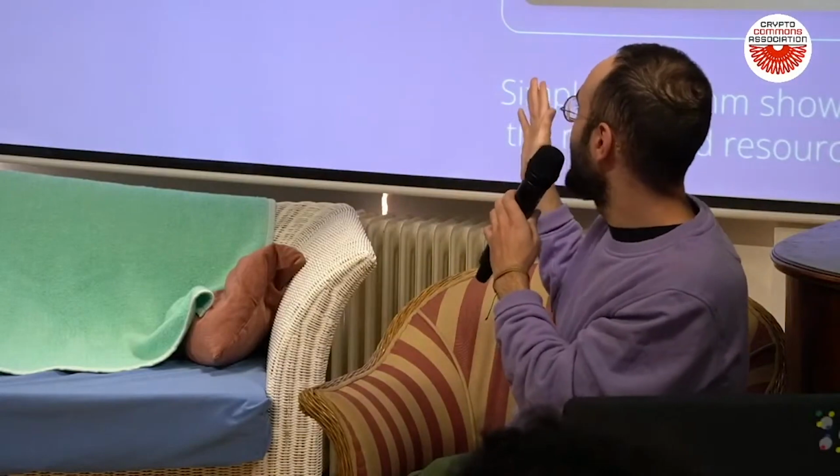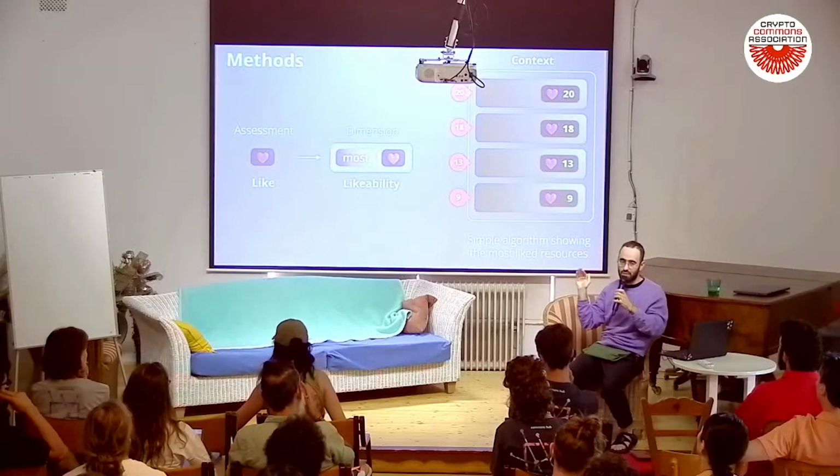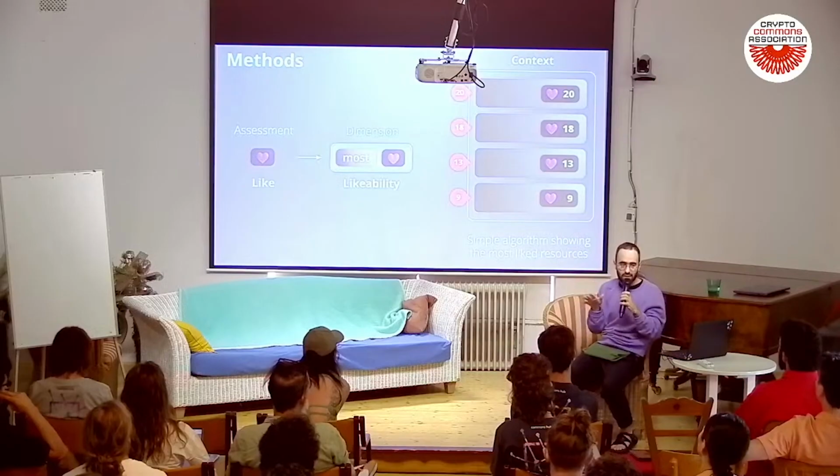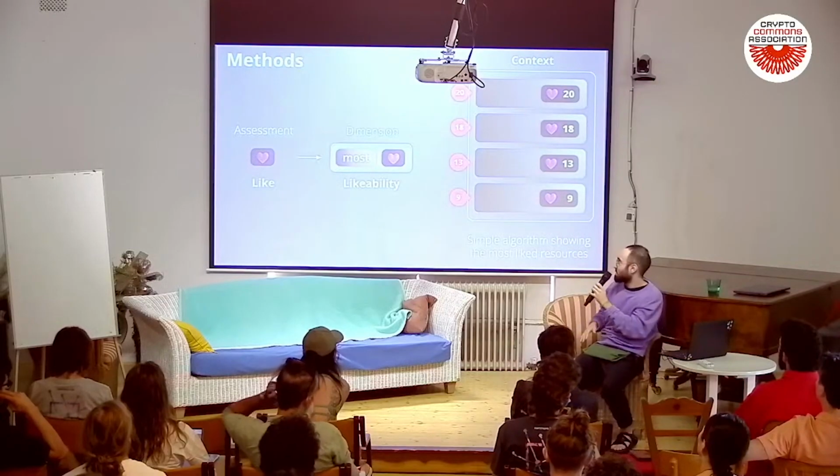A very easy method would be where we just want to see the most likes at the top. So in this case, the number of likes corresponds to the score of each post. So if something has 20 likes, the score of that post is 20, right? This is a super simple algorithm, but very easily you can get much more complex things.